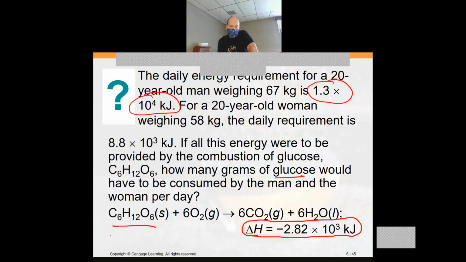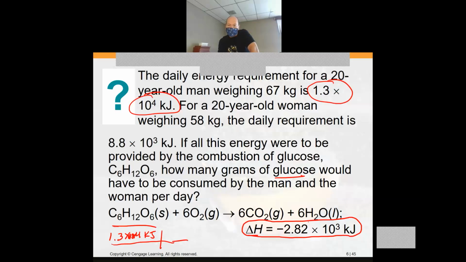All right, so we would write that we need 1.3 times 10 to the fourth kilojoules. So a 20-year-old man needs 1.3 times 10 to the fourth kilojoules.